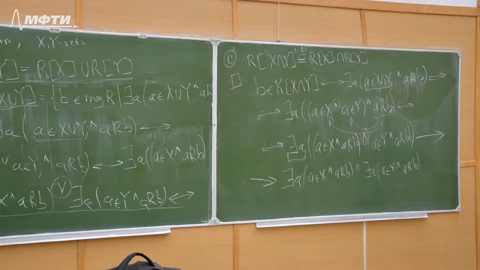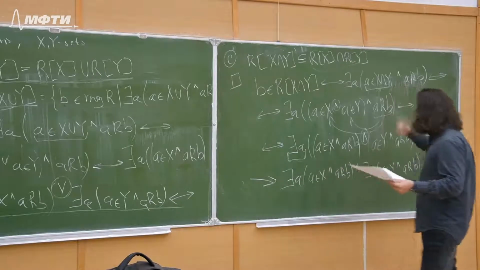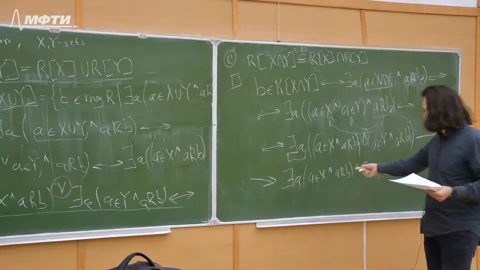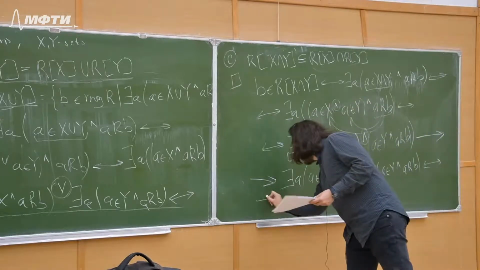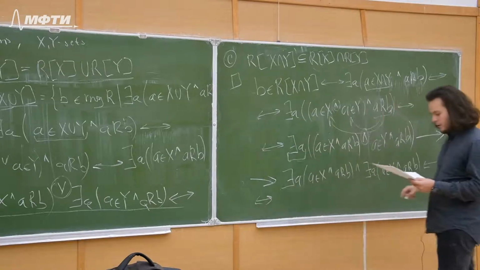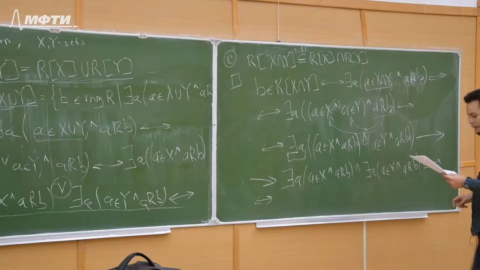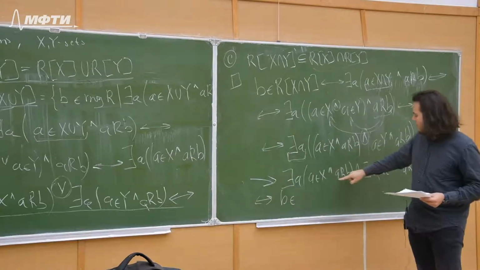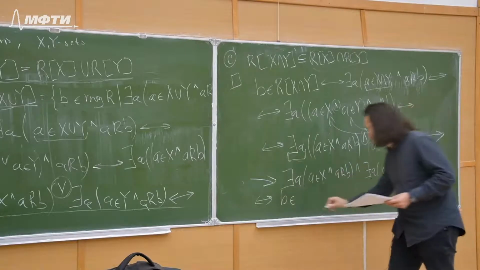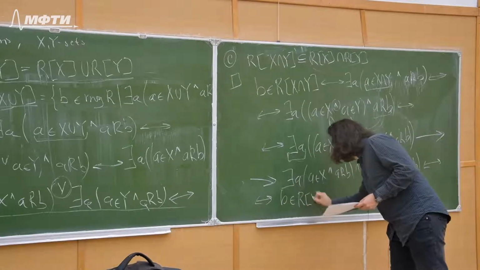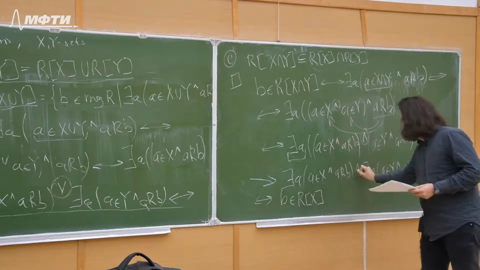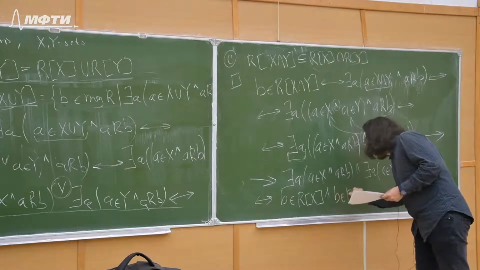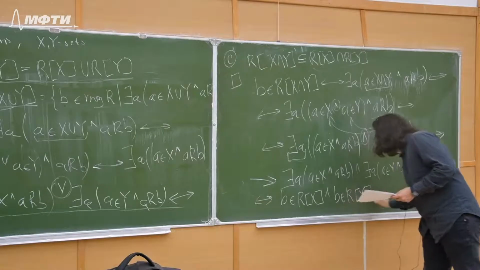And that's it. So we now have to rewrite this. By definition, this means that B belongs to the image of X, and B belongs to the image of Y, right?